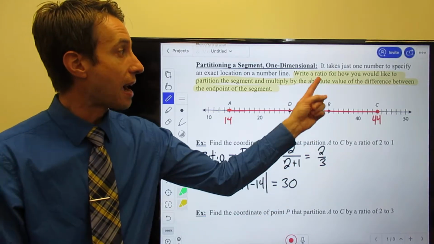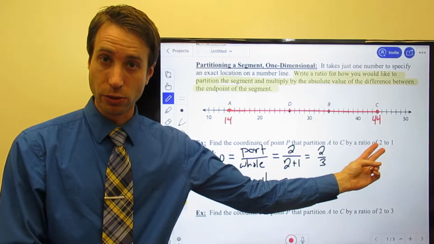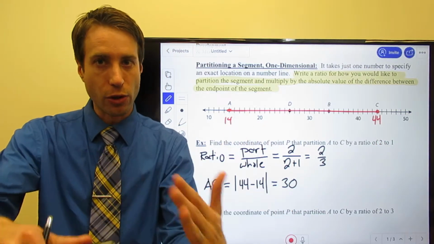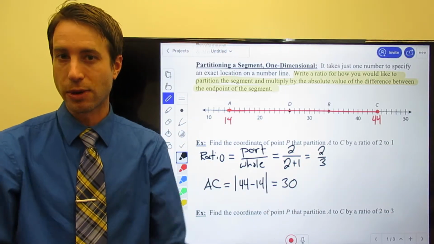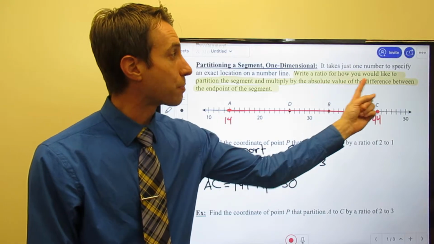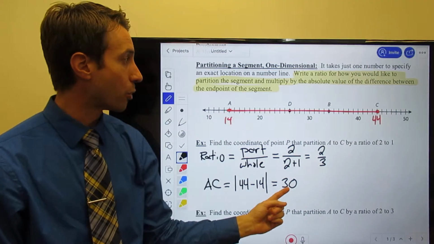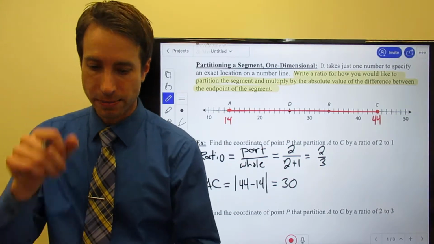So there we go. I've written my ratio. Here it is right here. The part that I want, 2, over the whole. Add all the parts together. 2 parts, 1 part, add them together, that's 3 parts, that's my whole. So here's my ratio. I just found the absolute value, the difference between the endpoints. What do the directions tell you to do? Tell you to multiply them together.